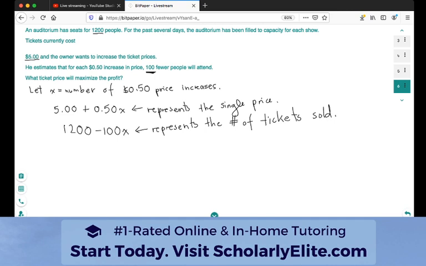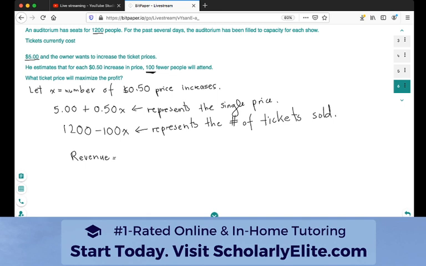So let's take a look here. We know that profit, or income, is going to be represented by revenue, because revenue is how much you make before you take out your costs.